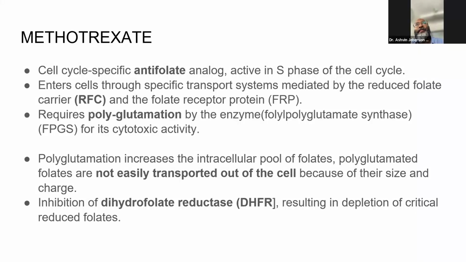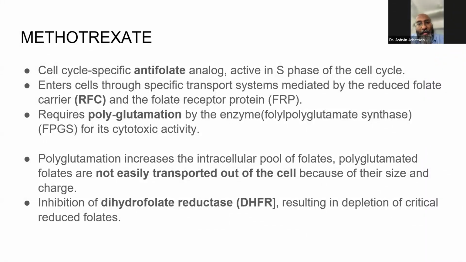There is a difference between how we use methotrexate in osteosarcoma and how we use it in ALL. In osteosarcoma, normally we give it at 12 gram per meter square over 4 hours, whereas in ALL it would be around 3 gram per meter square over 24 hours.